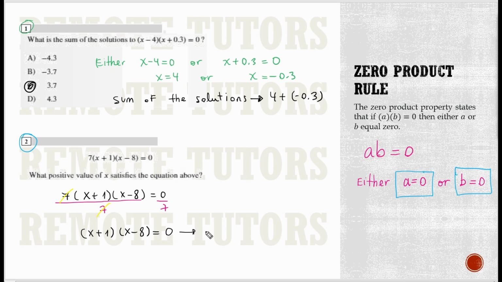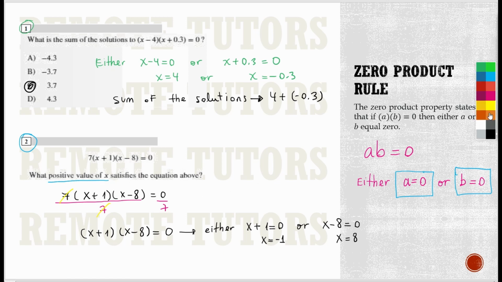And now, either x plus 1 gives 0 or x minus 8 gives 0. So x could be minus 1 or positive 8. Now the question says, what positive value of x satisfies the equation above? The positive solution is 8. So this is going to be the answer.